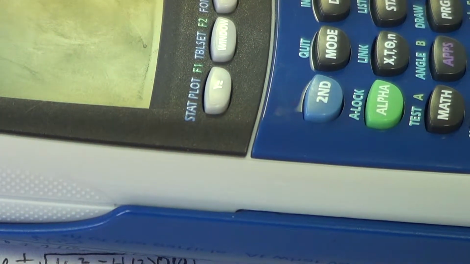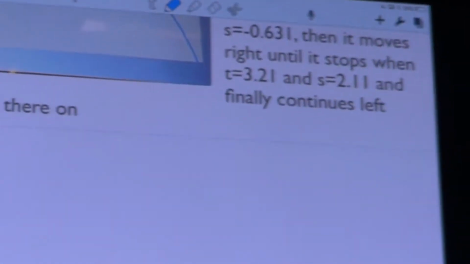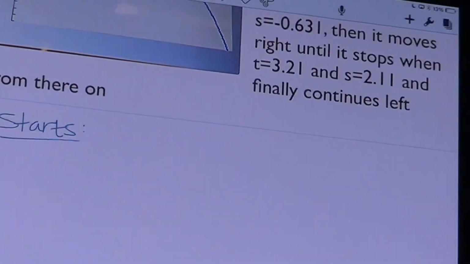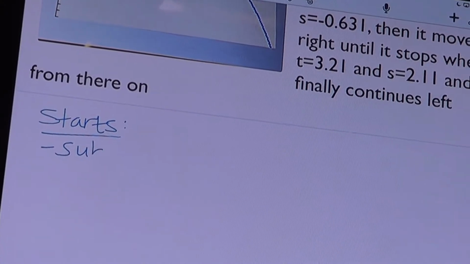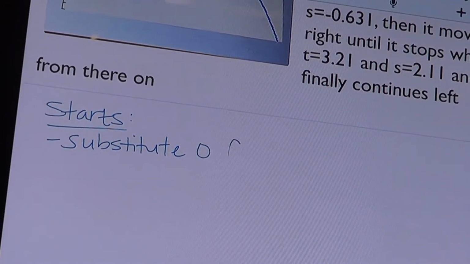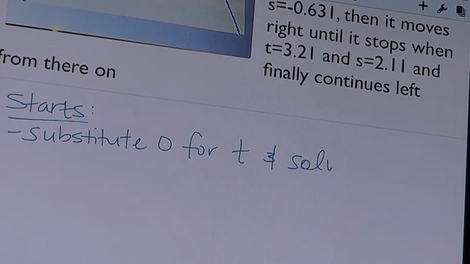Alright, so we found in part C that, well, first of all, you want to know where it starts. To figure out where it starts without using a calculator, you would substitute 0 for t and solve for s.